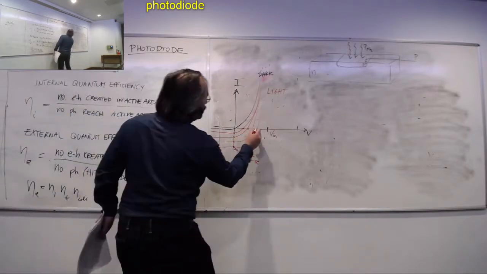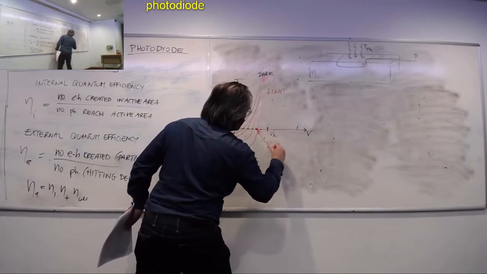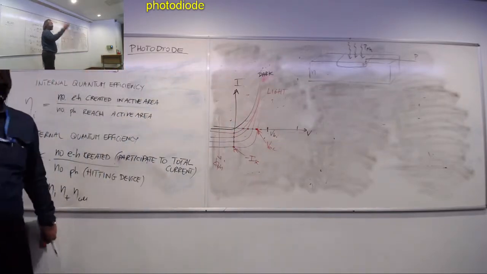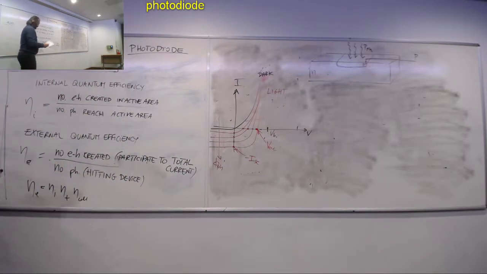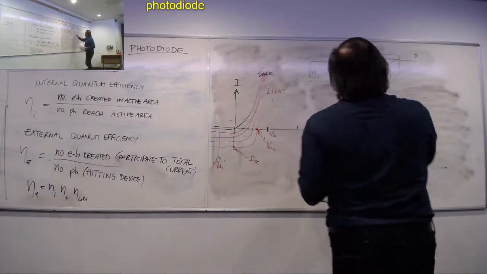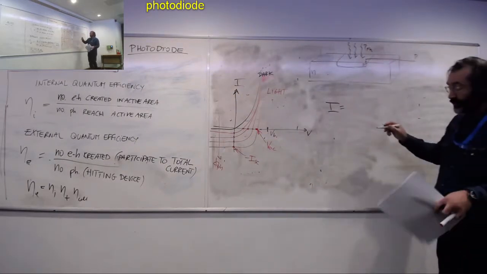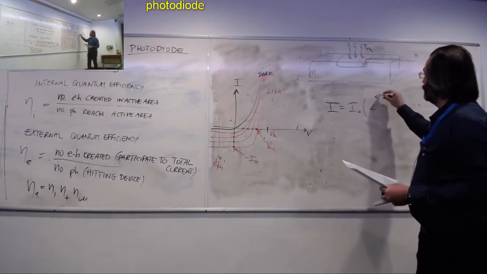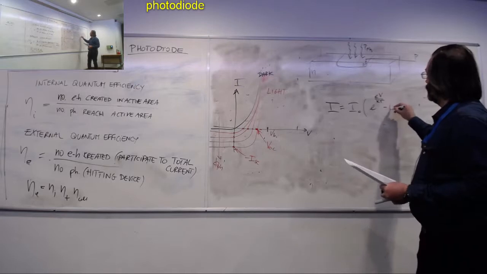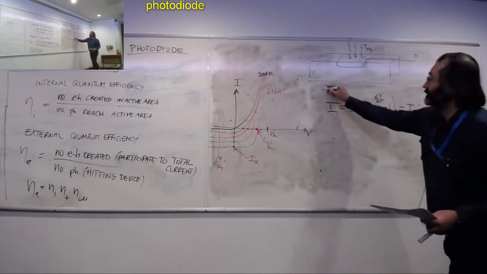And any of these points is what we call VOC, the open circuit voltage, that at best can be VBI. And so the final IV characteristic of my PN junction photodiode is, ta-da!